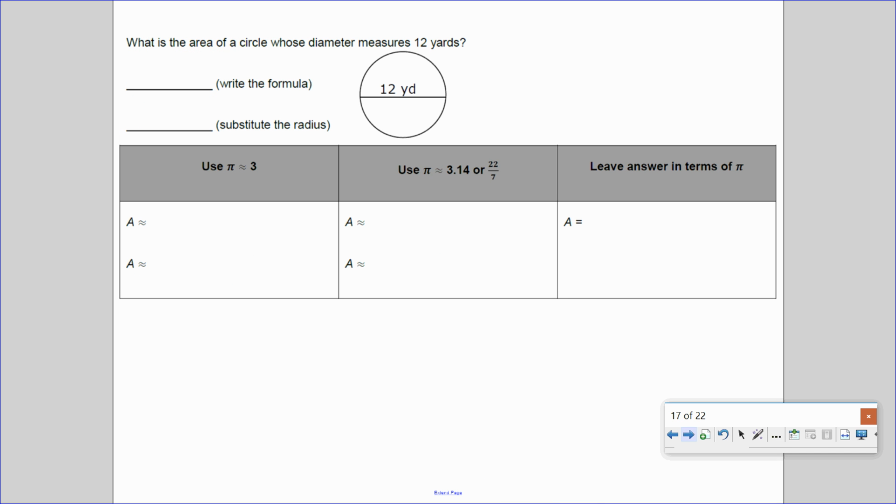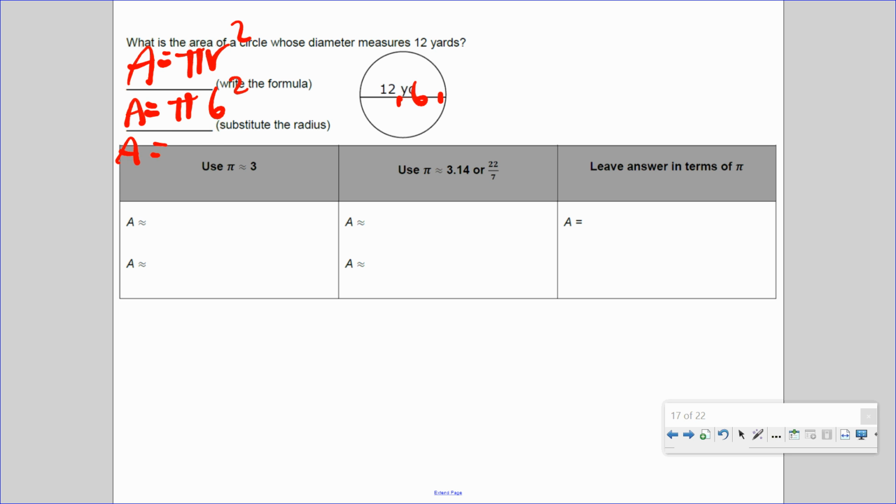Let's try a last example. What is the area of a circle whose diameter measures 12 yards? What is the formula for area of a circle? Area equals pi radius squared. Substitute the radius. The radius of this would be 6 yards, so 6 squared. What is radius times radius, or 6 squared? 36.